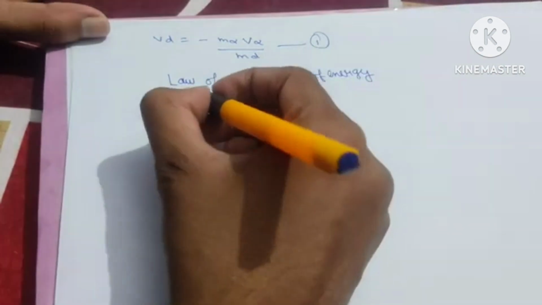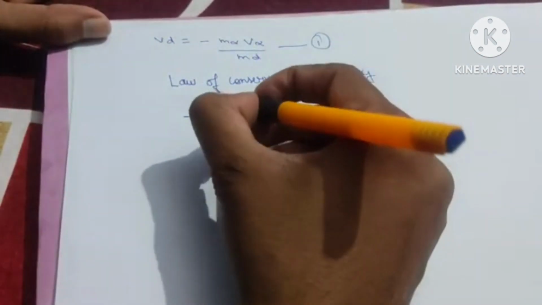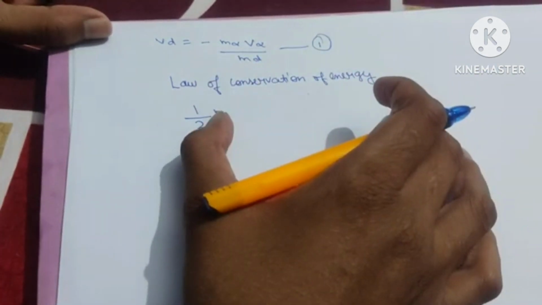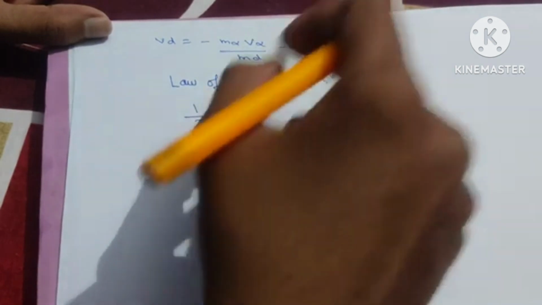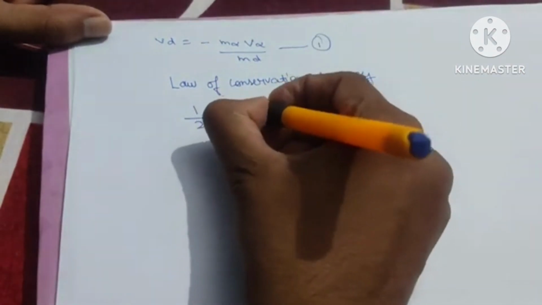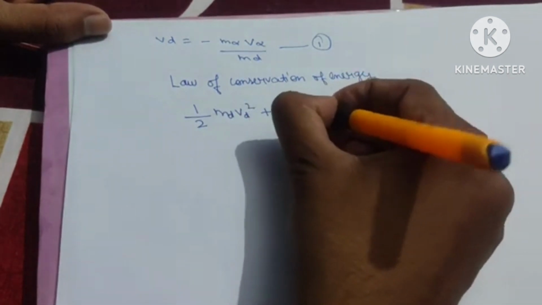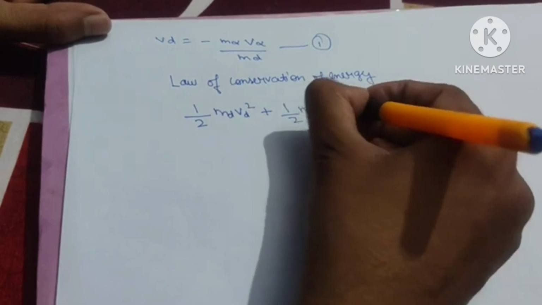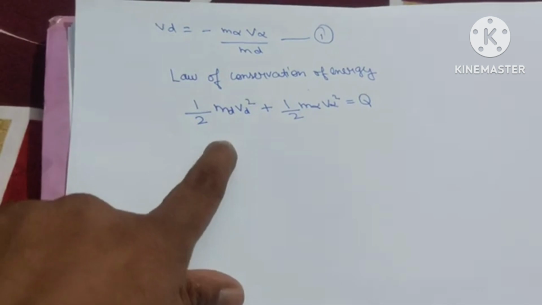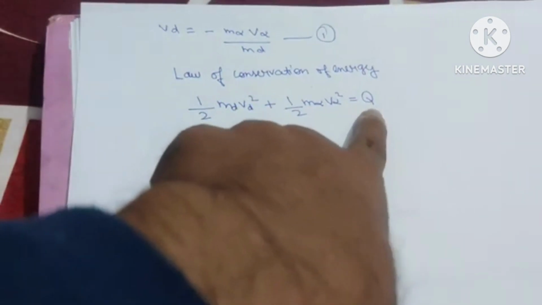So apply the kinetic energy. Same as before, first we add the two kinetic energies: half md vd square, the kinetic energy of the daughter nucleus, plus half m alpha v alpha square, the kinetic energy of the alpha particle, is equal to Q, the energy released.